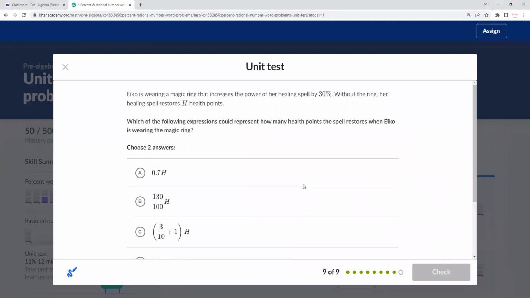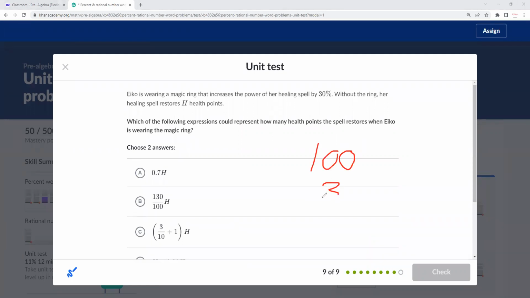Eiko is wearing a magic ring that increases the power of her healing by 30%. So she already has her 100% healing power, and now another 30. Without her ring, her spell restores H health points. Which of the following expressions could represent how many health points the spell restores when she's wearing the ring?